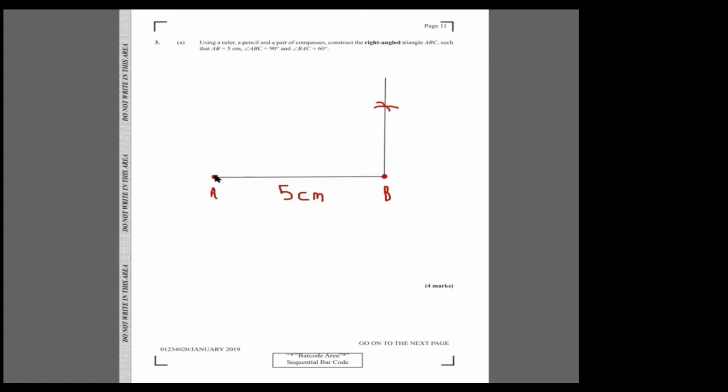BAC means this angle. The angle right here should be 60. So that means when you create the triangle, this angle in here is supposed to be 60 degrees.